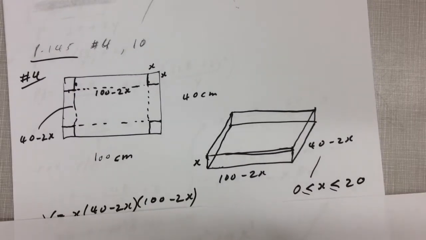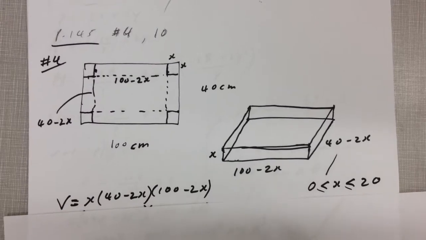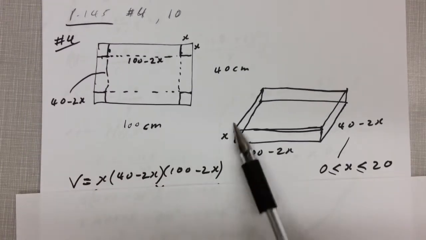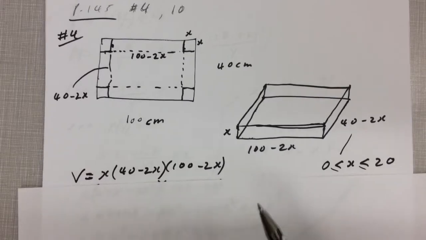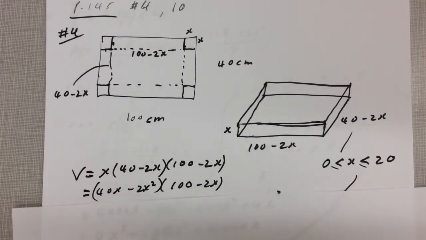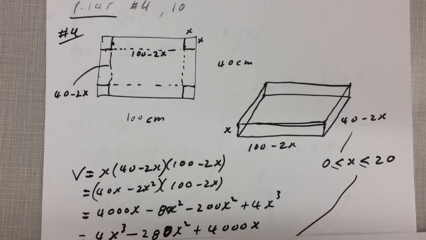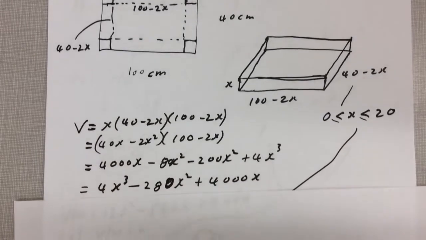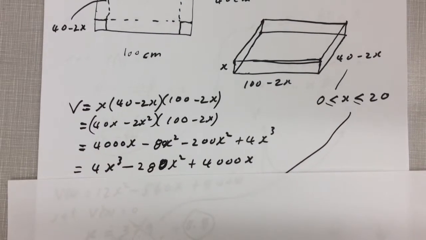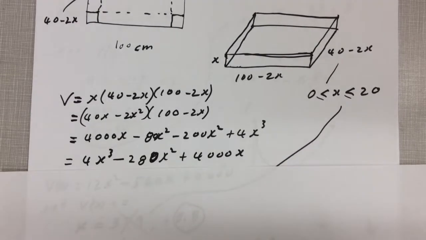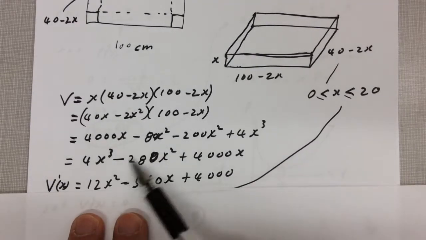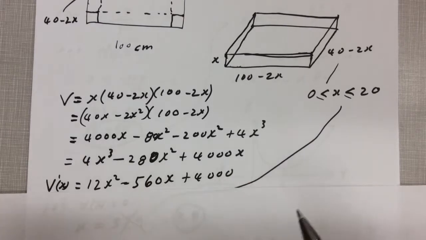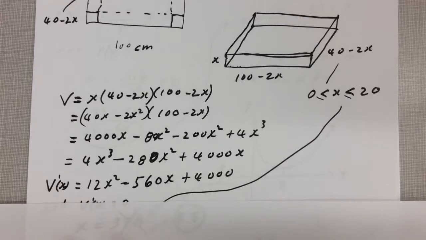Okay. So the volume, length times width times height: x times 40 minus 2x times 100 minus 2x. Okay, expand that out. We get this nice polynomial. And then we take the derivative of that, set it to 0 to find where it has a maximum or minimum. Okay, it's a cubic, so we know it's possibly going to have a maximum and a minimum, but we don't know where.